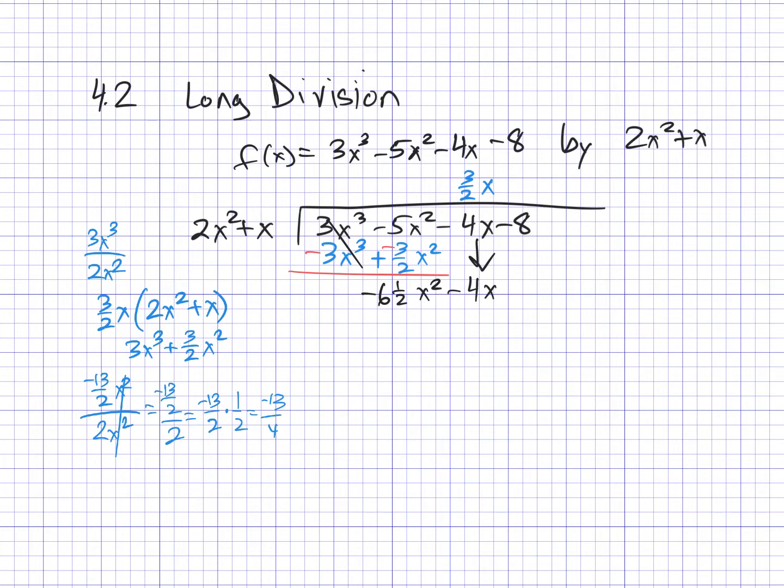Okay, so you take negative 13 fourths and distribute it through the 2x squared plus x. So do that and then subtract, please. All right. Distribute that through, you get negative 13 halves x squared minus 13 fourths x.